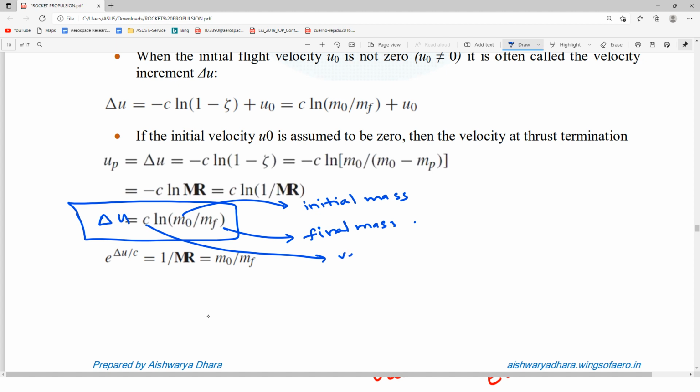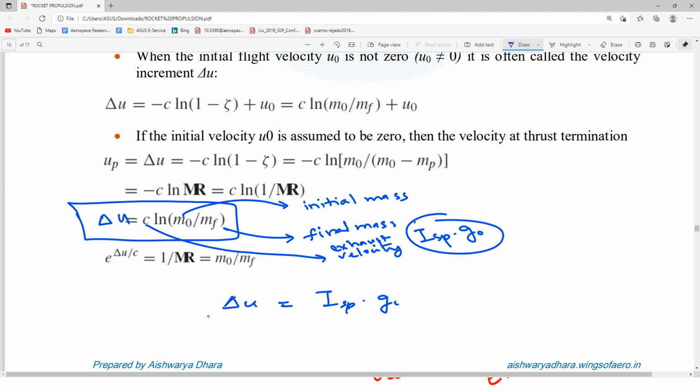C is the effective exhaust velocity. Now the effective exhaust velocity we can also relate in terms of specific impulse into gravity. So this equation can be further extended to del u equals I specific impulse into gravity ln.